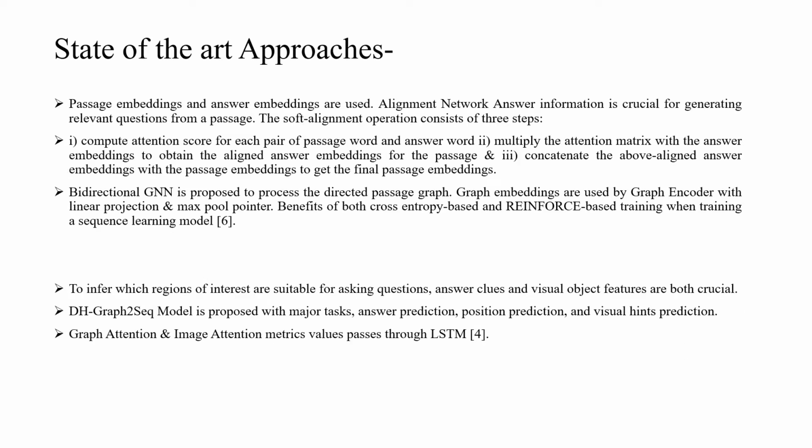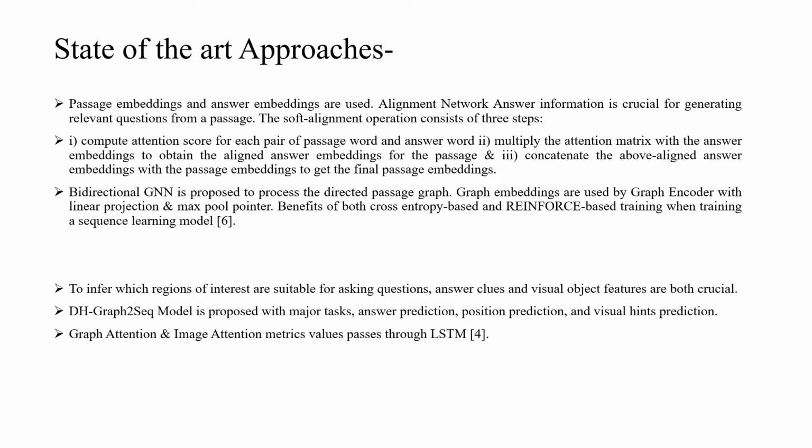Then passage embeddings can be used, and answer embeddings can be used for more accurate question generation, or more answer specific question generation, we can say. So in the alignment network, answer information is crucial for generating relevant questions from a passage. One soft alignment operation can be used here, which is made up of three main steps.